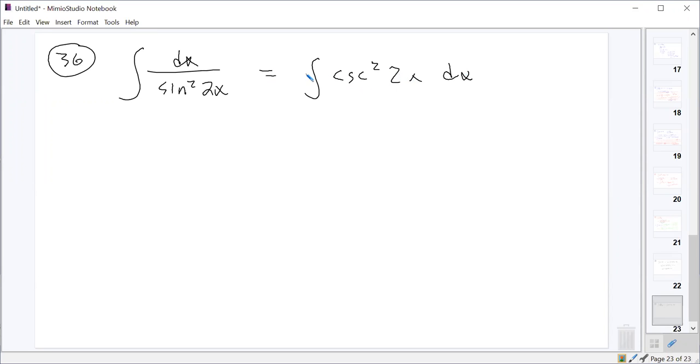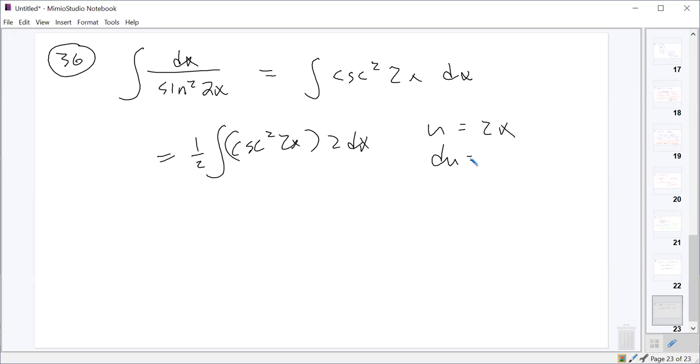So we'll end up with 1/2 the integral of cosecant squared 2x times 2 dx, u equal to 2x, and du is 2 dx. So we'll end up with 1/2, and then the integral of cosecant squared, like we just said, is negative cotangent, so negative 1/2 cotangent 2x plus your constant, which looks like choice C. Any questions there on 36?